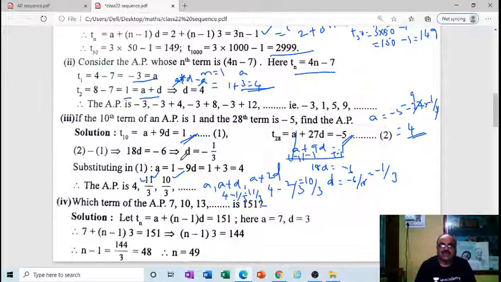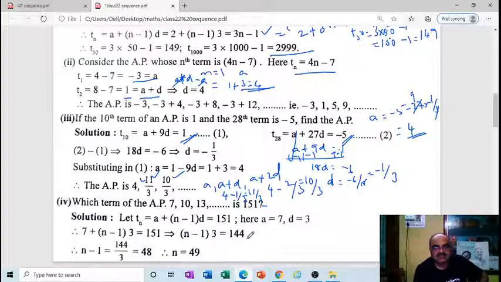The n has to be checked out. a is 7, d is 3, Tn is equal to 151, n has to be calculated. So it is 7 plus n minus 1 into 3 equals 151.